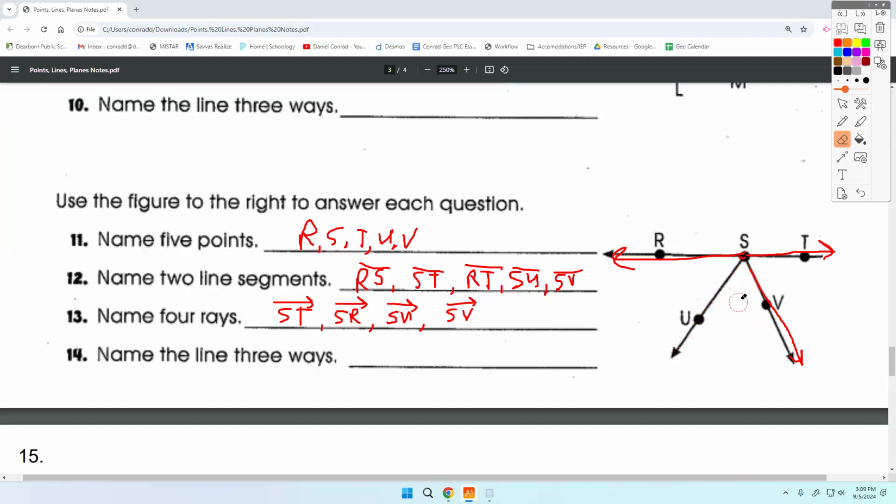You just pick any of the two letters and put the line symbol on top. So we could do RS. We could do ST. We could do RT. You could also switch those letters. So SR, TS, TR. There are all three ways to name that same line.